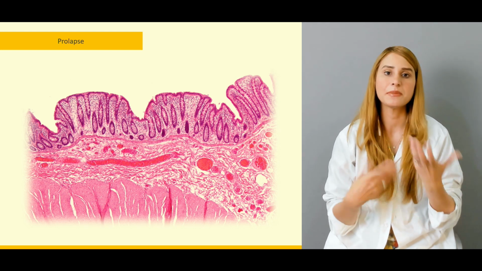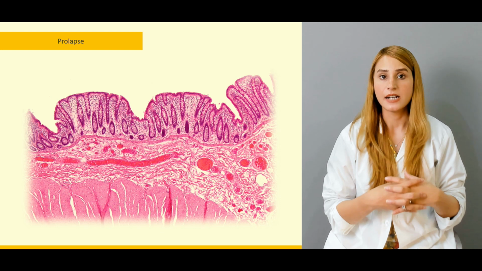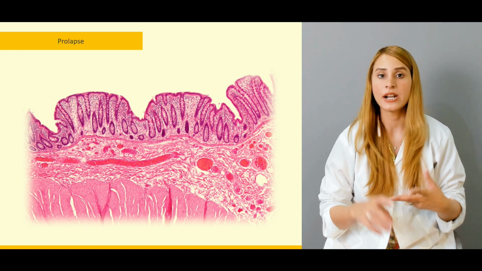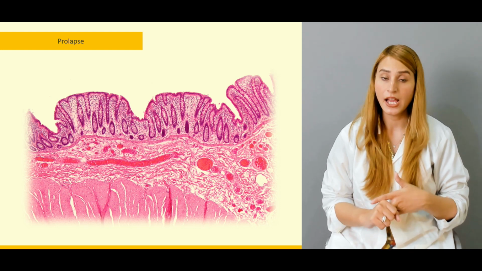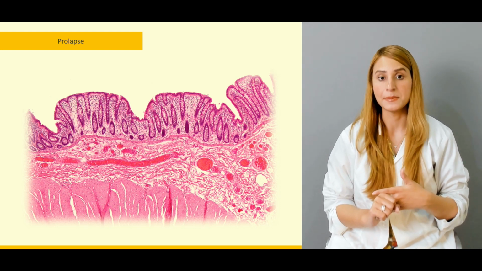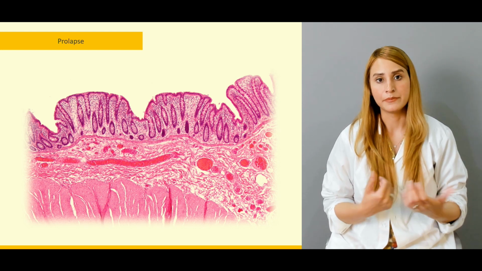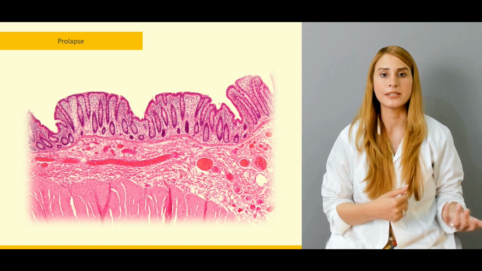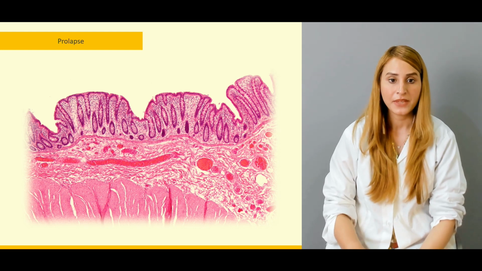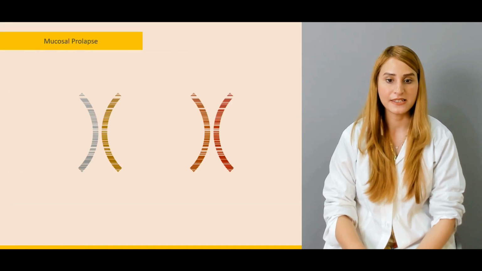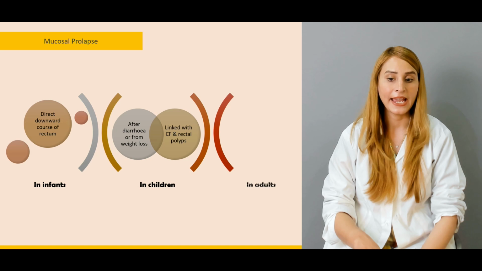But sometimes there can be a submucosal prolapse, and the prolapse can be secondary to injury, or it can be after childbirth, which is the rectovaginal prolapse most of the time. So there can be a partial thickness prolapse involving the mucosa and submucosa, or there can be a full thickness prolapse, as you can see here, in infants, children and adults.